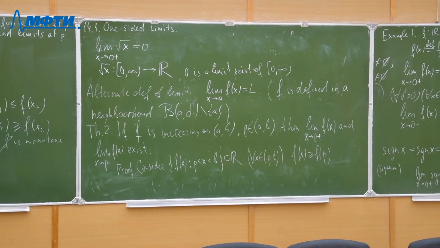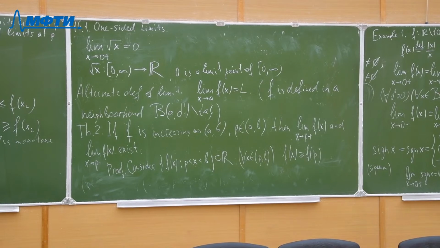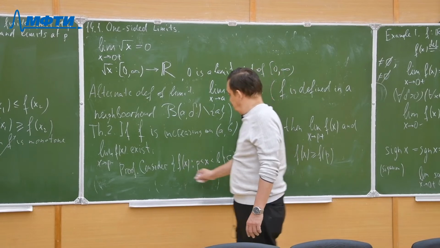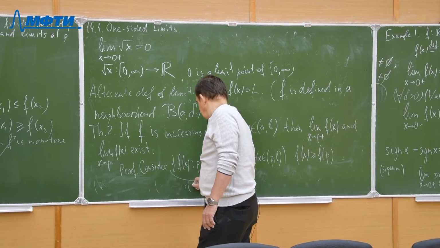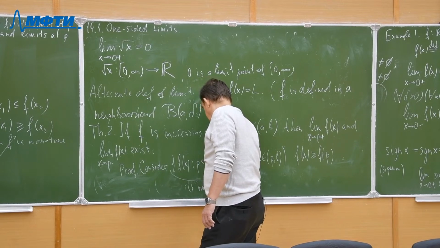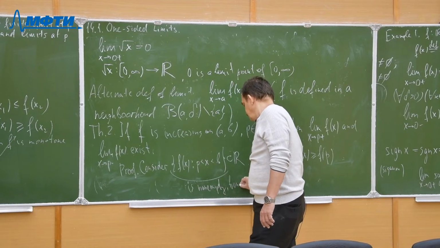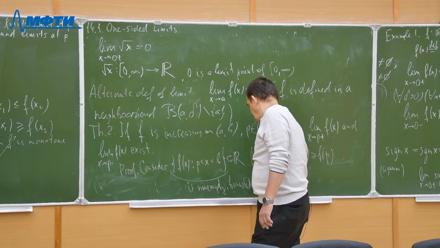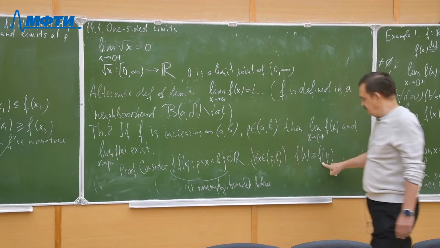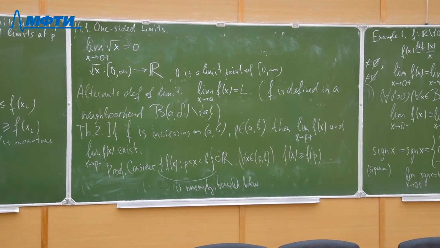So it means that this set is non-empty and bounded below, because it is bounded below by the value of the function at the point p.